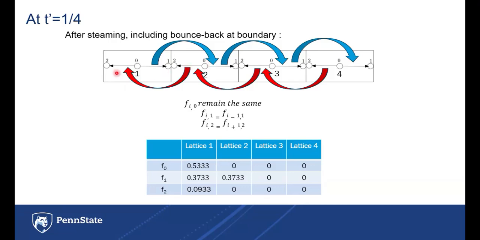And for the left value, it will come from the second lattice, so it will stream like this. And for our hand calculation example, we cyclically shift the F1 value to the right, and we cyclically shift our F2 value to the left. And so we got this table.